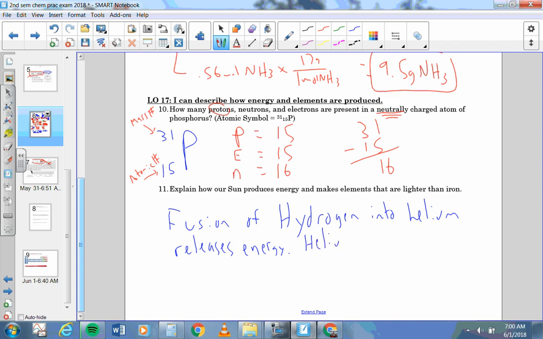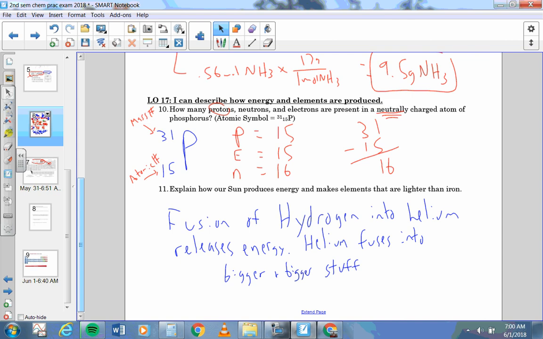Helium fuses into bigger and bigger stuff. There's a limit. In our sun, it'll only go up to iron. But that's not, didn't ask us anything more about that. If it did ask us about larger elements, we'd have to talk about larger stars and supernovas.